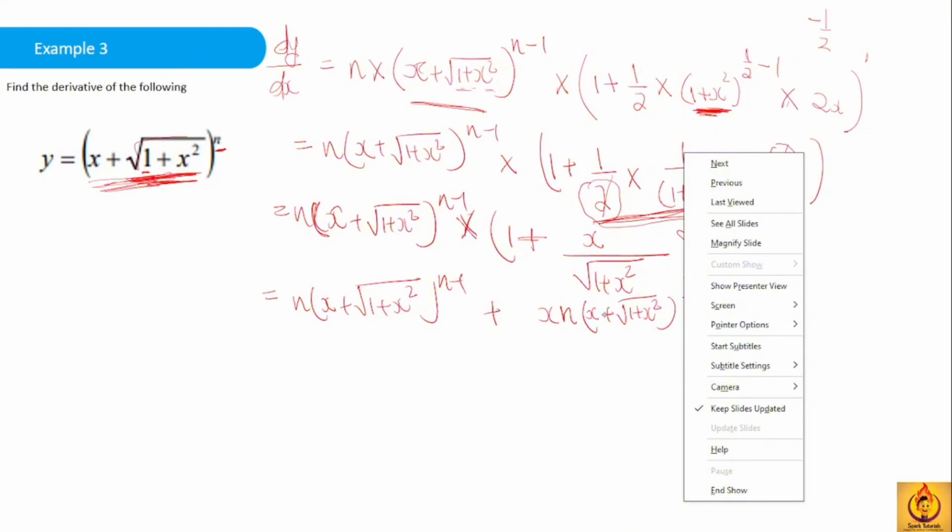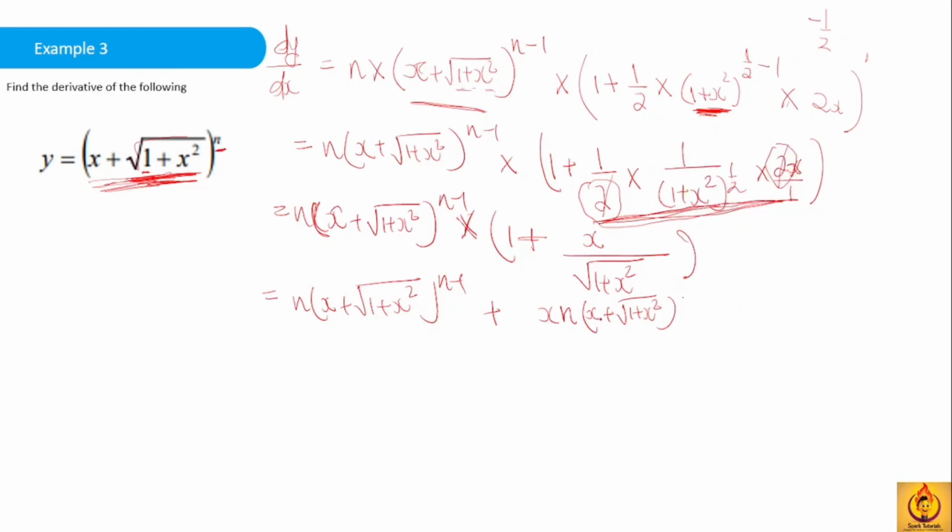Wait, no, we're complicating things. Because if we multiply this inside here, it's just going to become more complex, and that's what I realized when I paused. So, excuse me, what we're going to do is simplify these as individual terms before multiplying them.